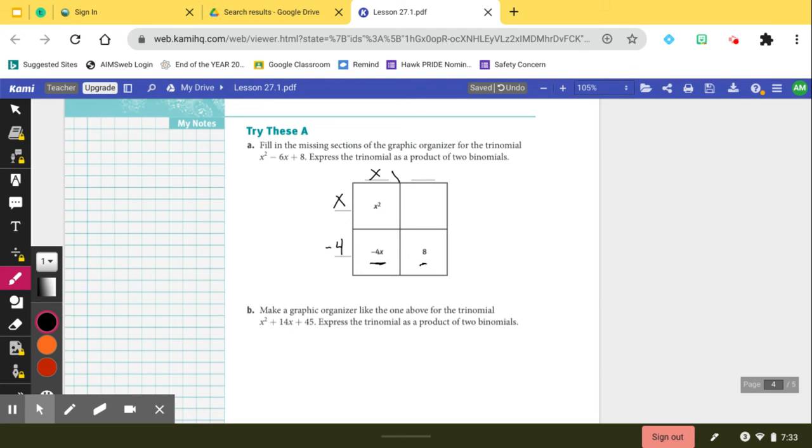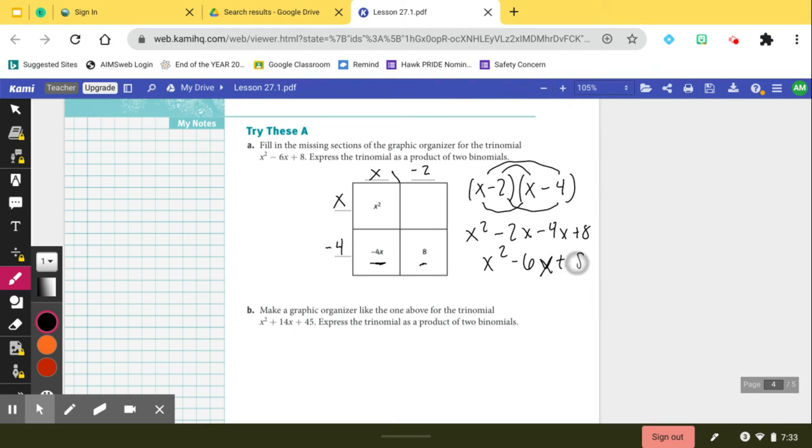Negative 4 times what would give me 8? Well, that would be negative 2. So my two binomials would be x minus 2 times x minus 4. And again, we can prove it. We have x squared minus 2x minus 4x plus 8. So x squared minus 6x plus 8.